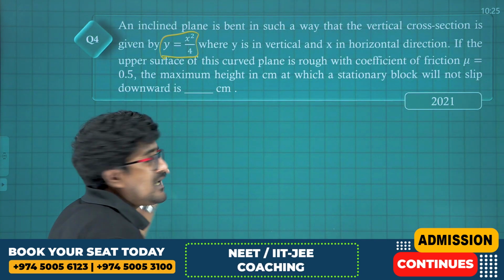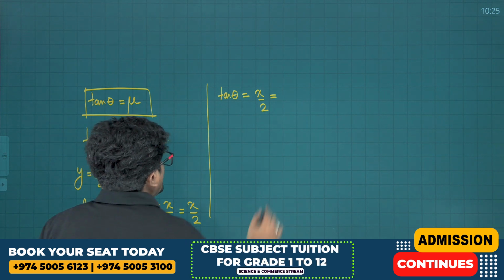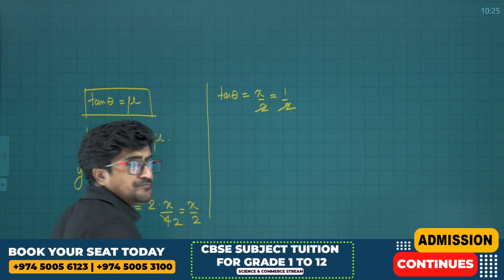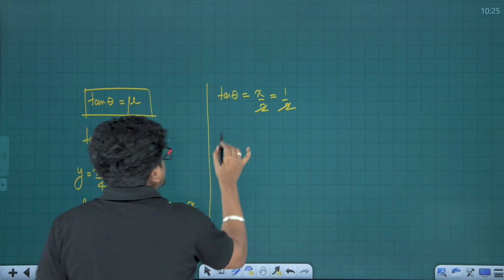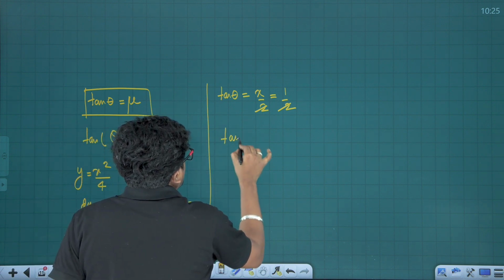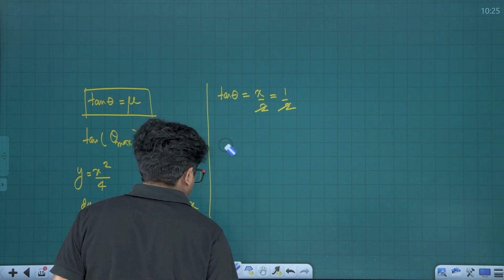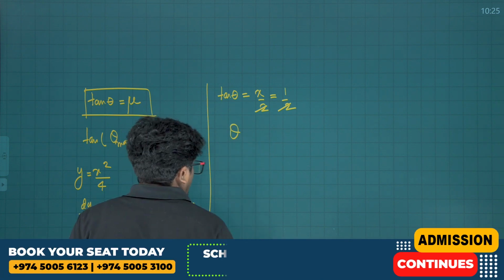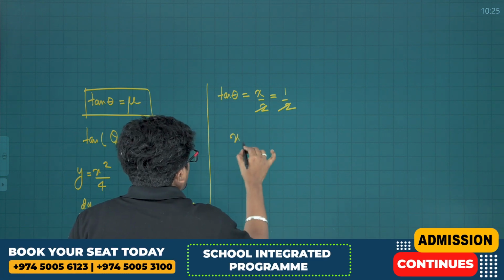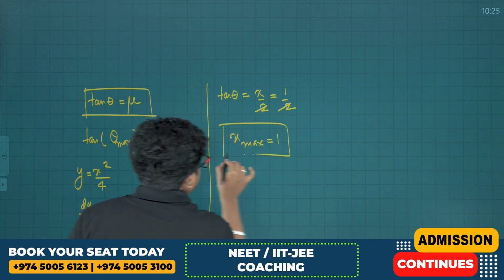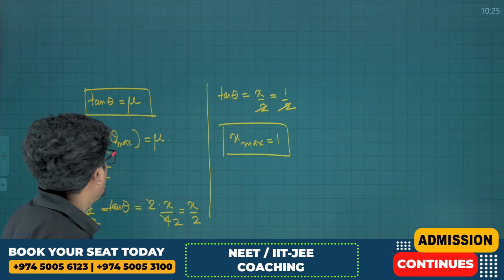Coefficient of friction is given as 0.5, that is 1 by 2. So this one and this one will cancel each other, which means x max equals 1.